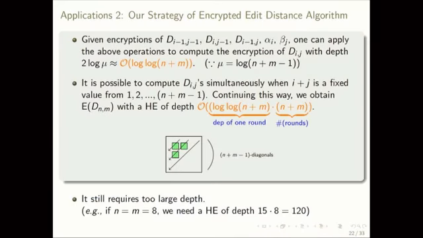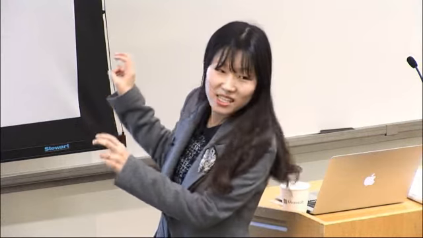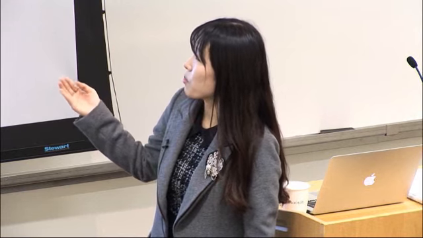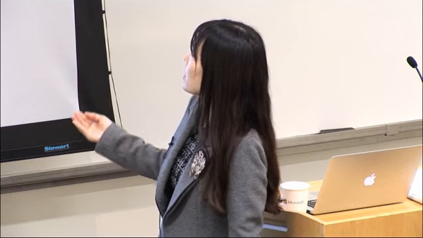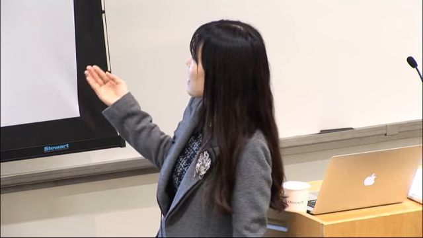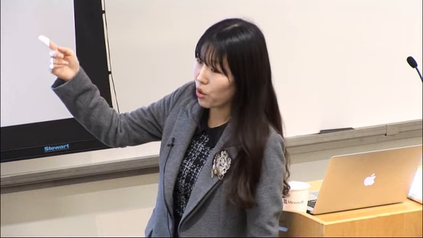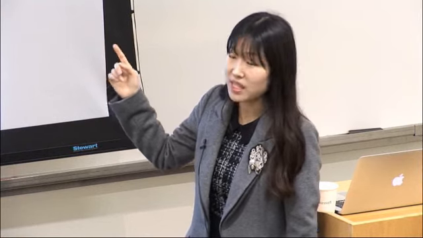In short, given encryption of these kinds of values, then one can apply the above operations to compute the encryption of D_ij with depth 2 times log mu, which is approximately big O log(n plus m).